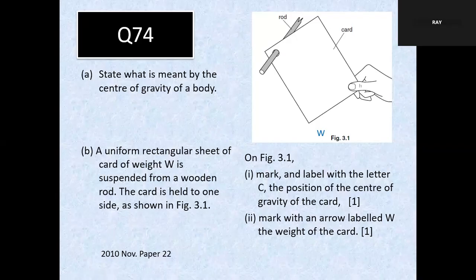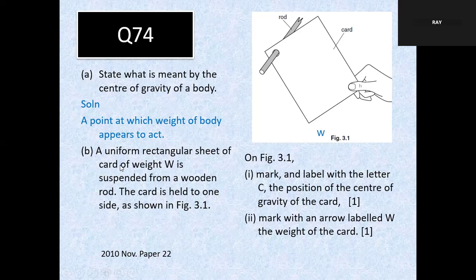State what is meant by center of gravity. This is under forces. The center of gravity is a point at which the gravitational force, the weight of a body, appears to act. A uniform rectangular sheet of card of weight W is suspended from the wooden rod.